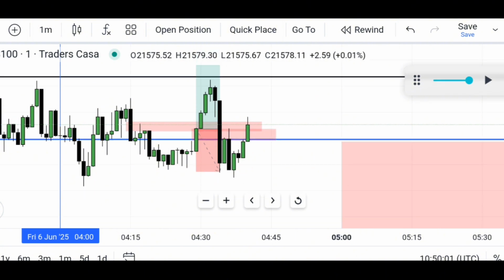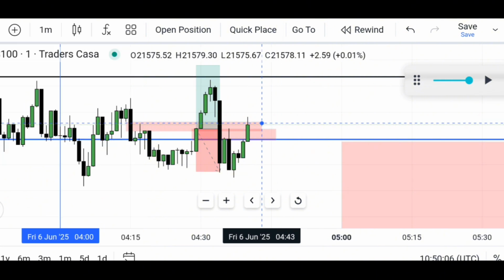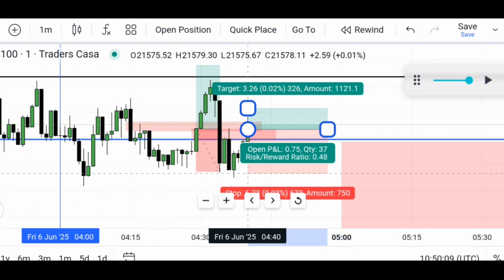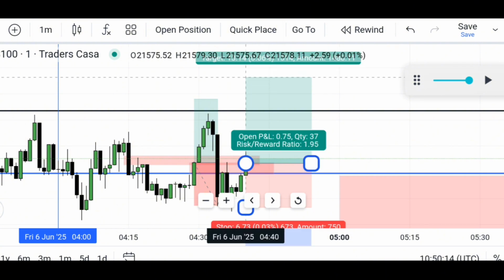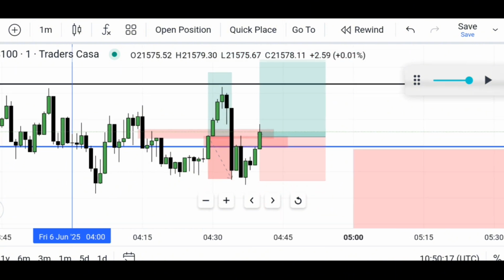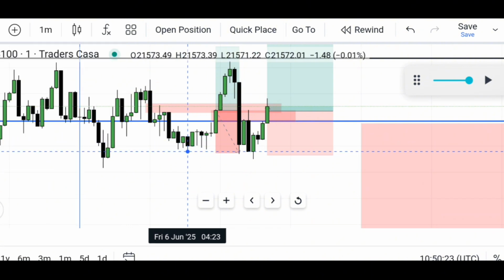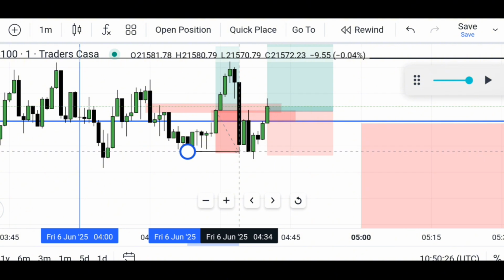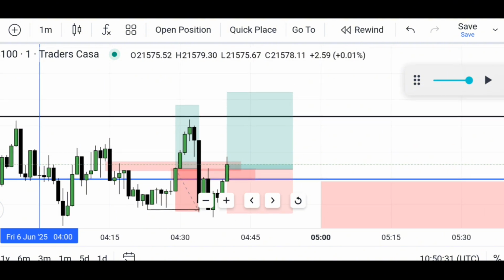So I want a retracement. I have already seen that the upward movement is kind of strong, right? And price has already hit this liquidity right here, so it has no point of coming back, right? So let's see how price moves.